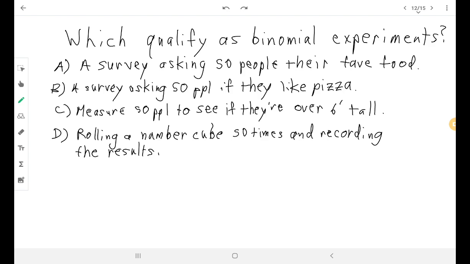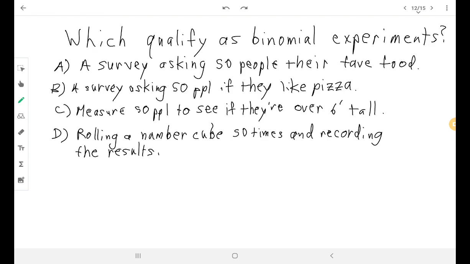If I ask 50 people what their favorite food is, and I don't give them any choices, I might get 50 different foods, right? I might get some things that aren't even food. Some people might say, well, I like juice. And then you go, but that's not a food. And I go, I don't care. That's my favorite food. And there's certainly not two outcomes, right? Even if one person says pizza, another says macaroni and cheese, and another says lasagna, that's three already. Those are some great foods.